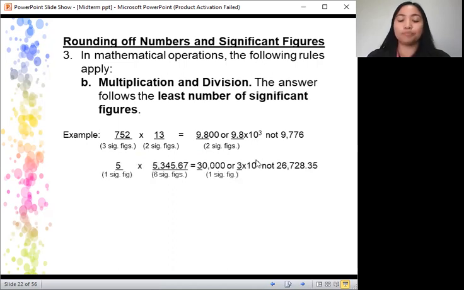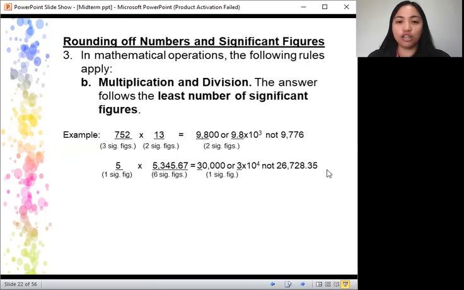Another example, the first value has 1 significant figure, while the second value, you have 6 significant figures. So the answer should be 26,728.35.